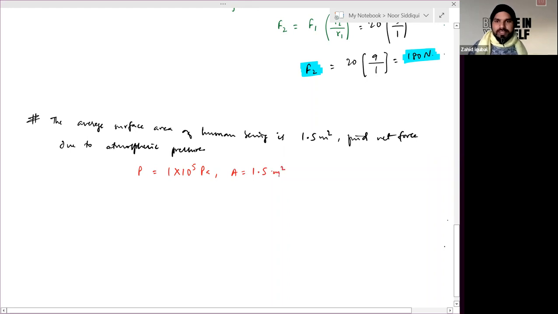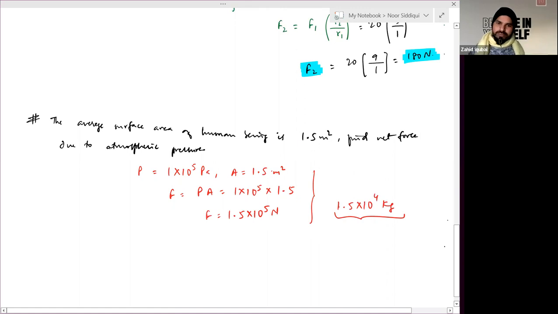Force will be equal to pressure into area of cross section. Pressure is 1 into 10 to the power 5 into area of cross section 1.5. So force will be 1.5 into 10 to the power 5 Newton, which is similar to carrying a load of 1.5 into 10 to the power 4 kg on our back.